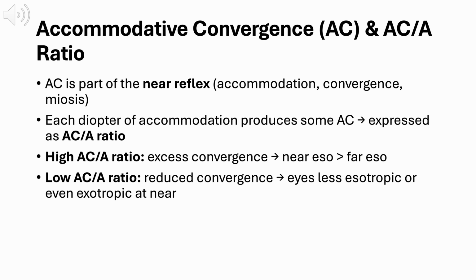When the ACA ratio is high, accommodation drives excessive convergence, so patients show more esotropia at near than at distance. When the ACA ratio is low, accommodative effort produces relatively little convergence, and the eyes may appear less esotropic or even exotropic at near. This relationship is key for understanding distance-near discrepancies in strabismus.